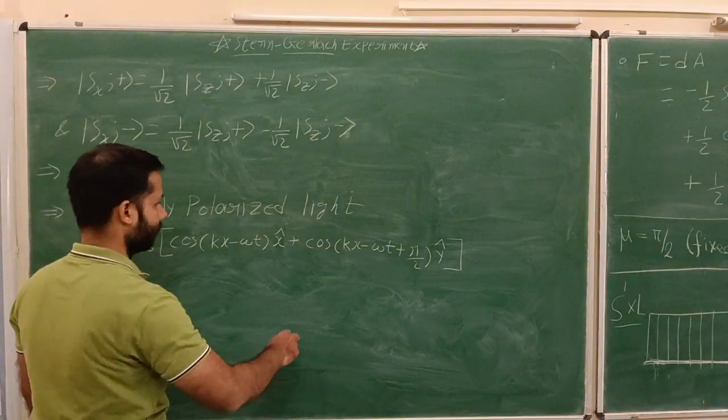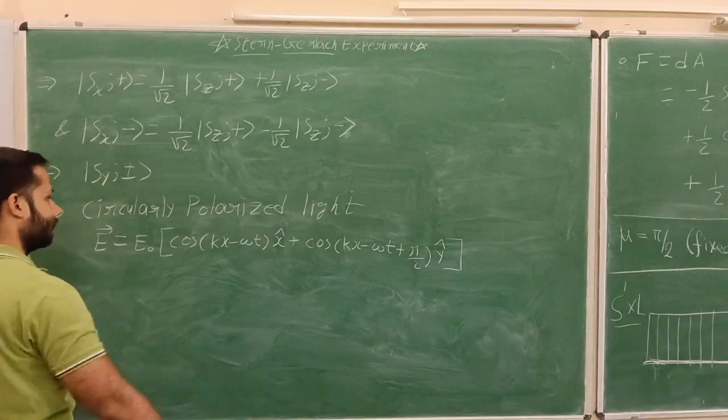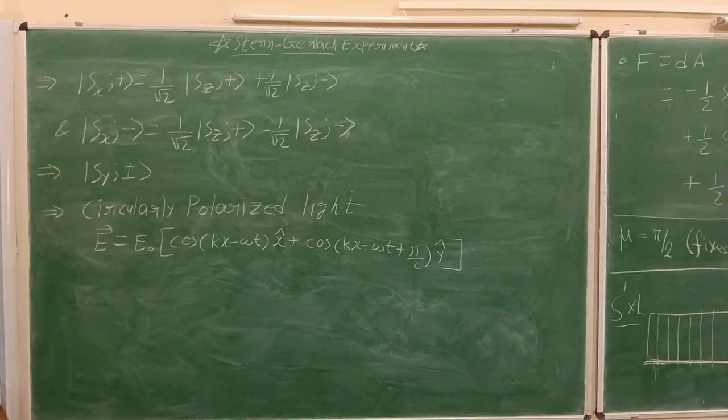There is cos and there is sine. So if we plot this and view it from the front, we will see the light path traced in a circular fashion.